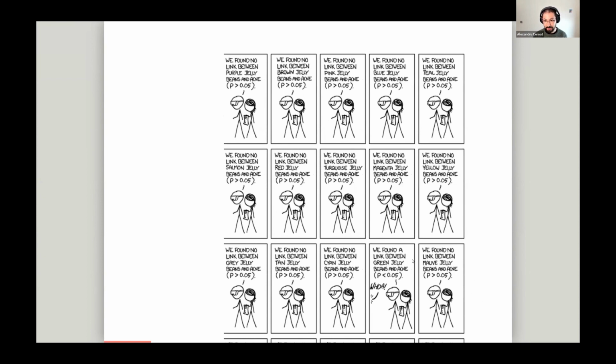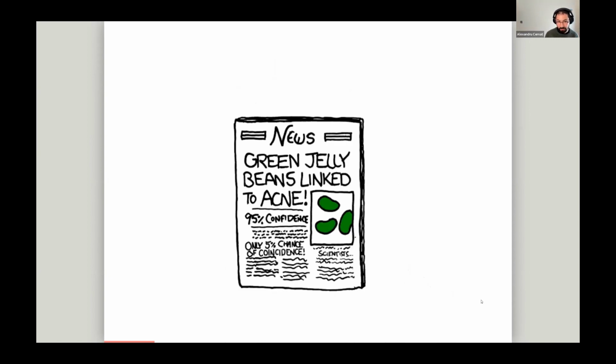And we see that there's a relationship between eating jelly beans and acne if you eat green jelly beans. Okay, and then the problem is that only part of these results end up being published, and then we might have this news report about how green jelly beans is causing acne and how very confident we are about these results.